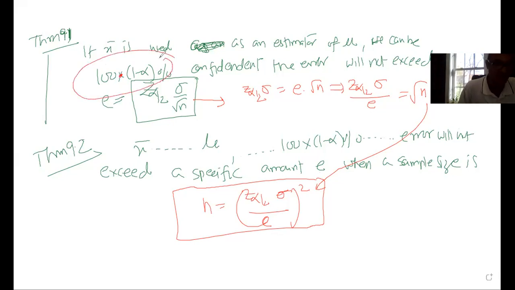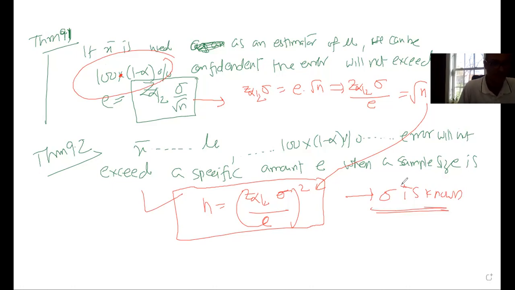And strictly speaking, the formula given in this theorem for n is applicable only if we know sigma square, the variance of the population. In all the cases so far, sigma is known. I've started with a known sigma from which we select our sample.